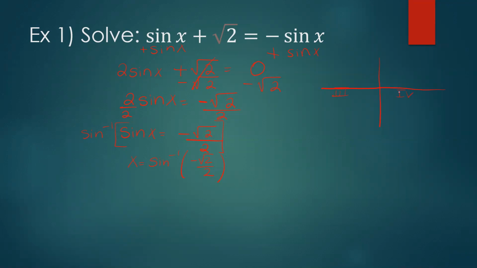In quadrant 3, it would be 5 pi over 4, which is also 225 degrees, if you like degrees better, because 5 pi over 4 has a coordinate of negative radical 2 over 2, comma negative radical 2 over 2. And if you recall, sine is the y value. So 5 pi over 4, and what else? 7 pi over 4.